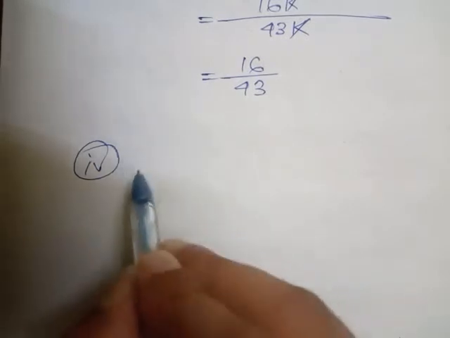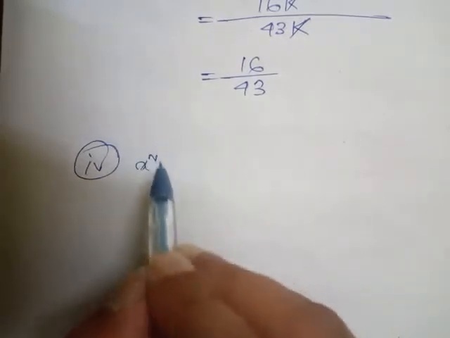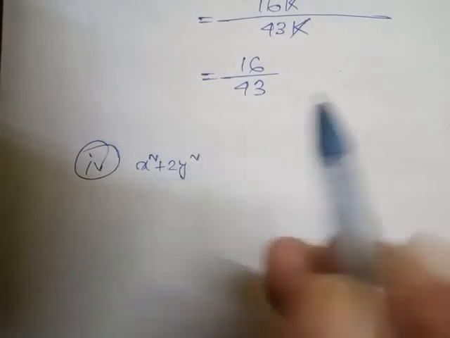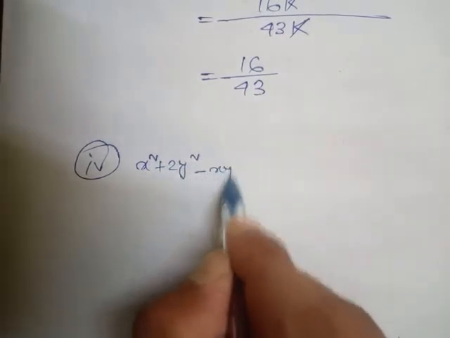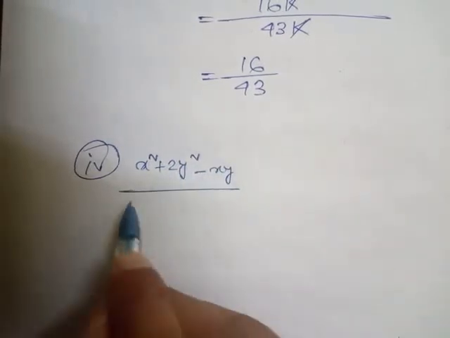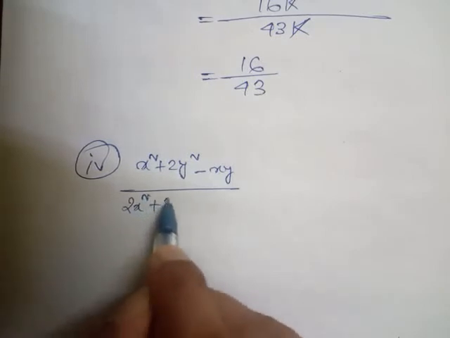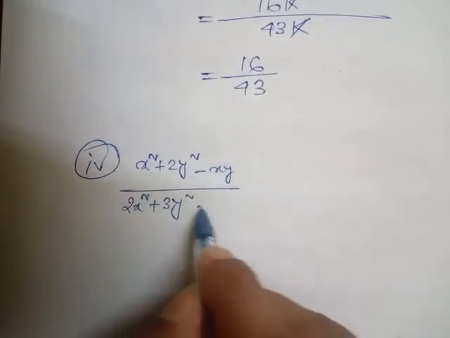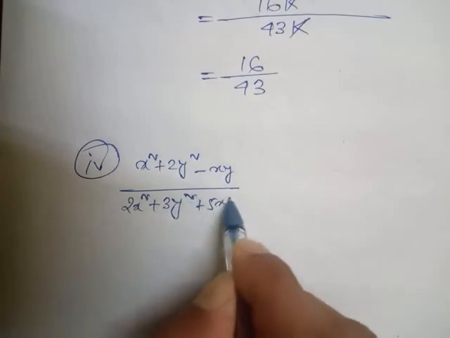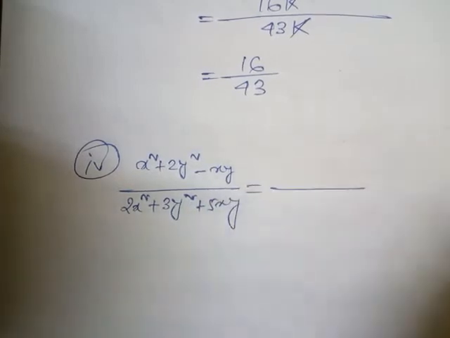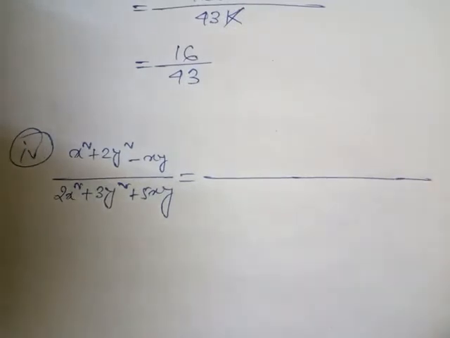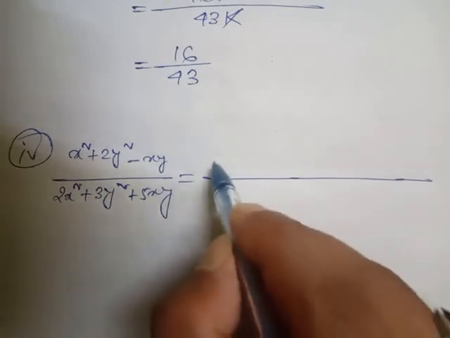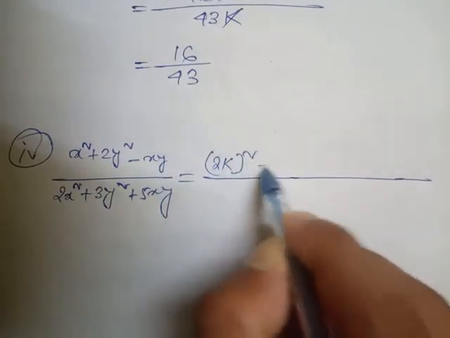Part 4, the question is x square plus 2y square minus xy by 2x square plus 3y square plus 5xy. Now look, students, here is how to solve it. The value of x is 2k, so 2k square.